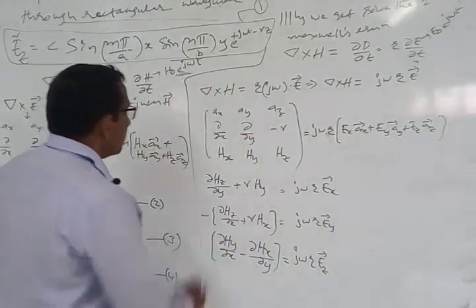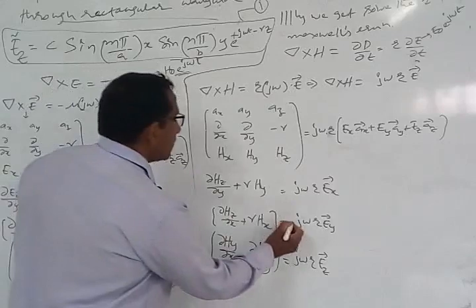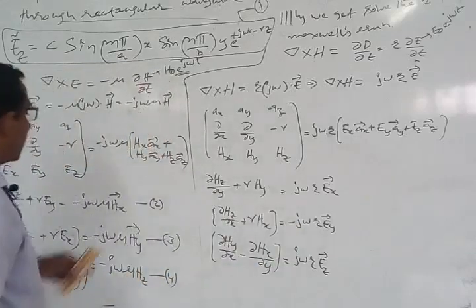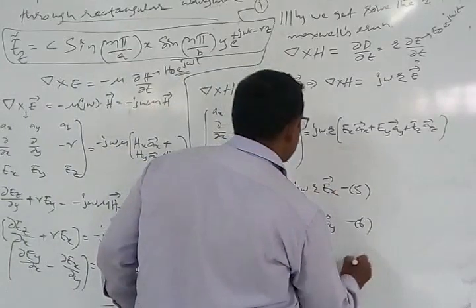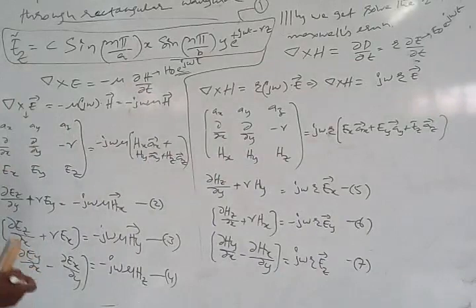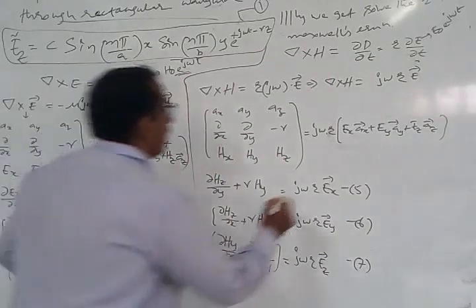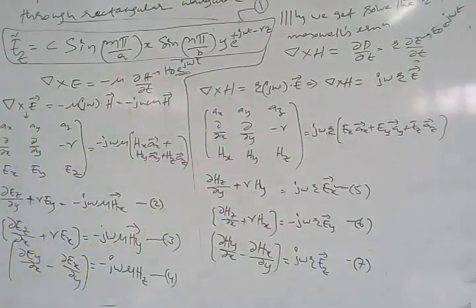Okay. Now this minus, if I take it onto this side, I can remove this minus that will be coming over here. So I can write these equations as, say, equation number 5, 6 and 7, right? Now if you observe these equations, let us say we have to solve for Ex first. To solve for Ex, what can I have now?